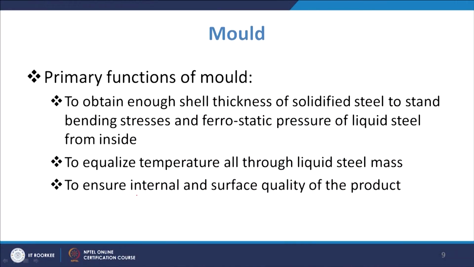So it has to leave that mold, and also in the mold we are giving lubrication. If you talk about the function of the mold, it is to obtain enough thickness of the solidified shell to stand the bending stresses and ferrostatic pressure of the liquid steel from inside.